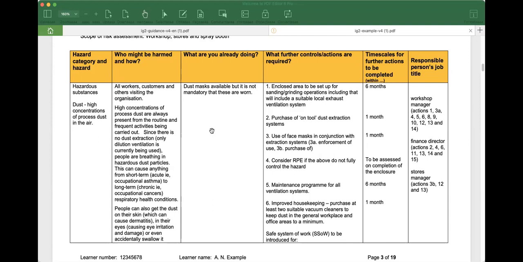Suppose if you have a smaller number of controls in this column, it means you need more control measures in the other column.